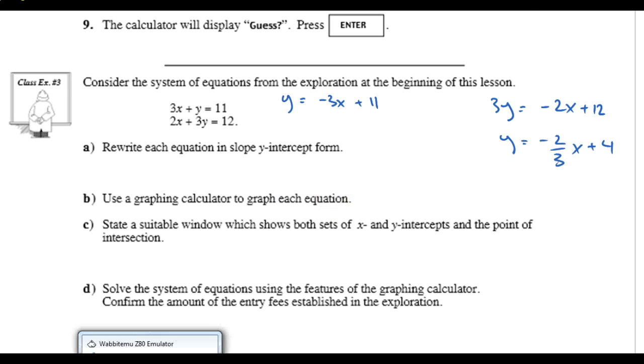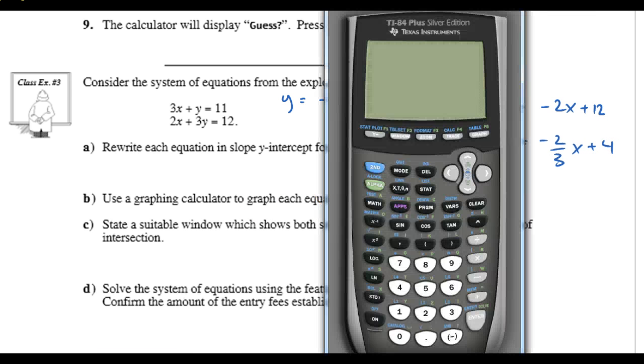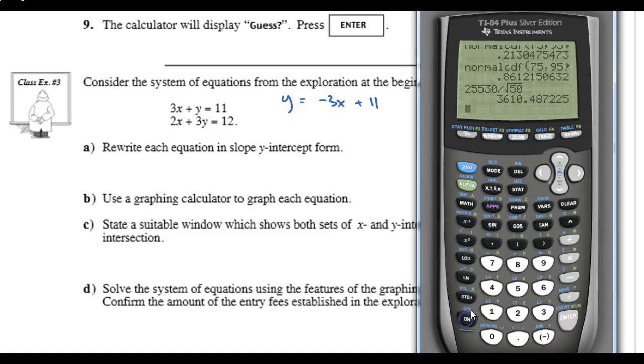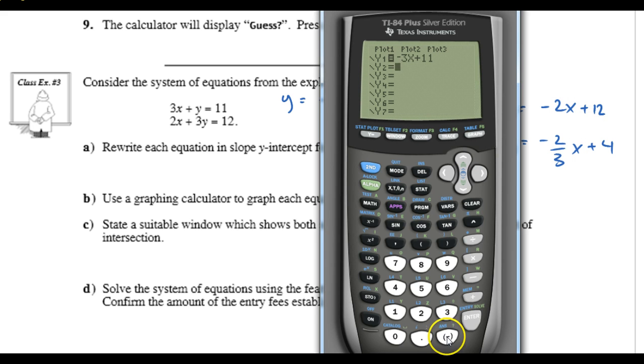So let me pull out my calculator here. All right, so again, remember, how do we graph here? Y equals. So negative 3x plus 11, that's y1. And for the second, let me rewrite this a little better just in case we make a mistake here.